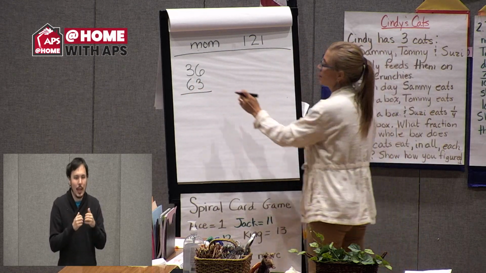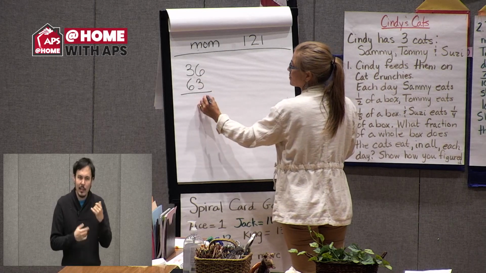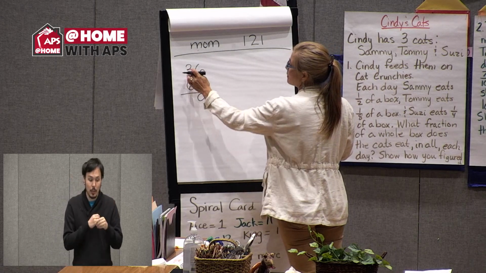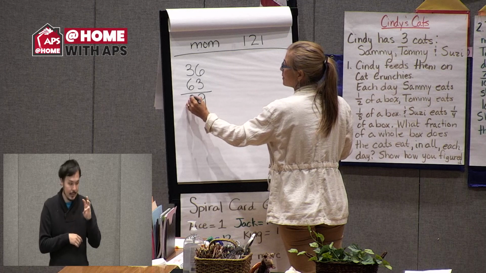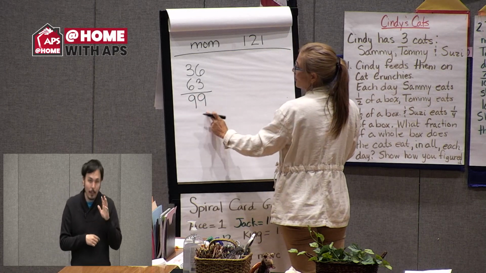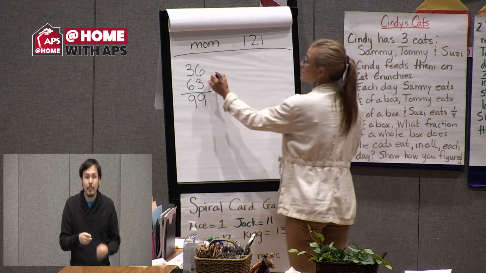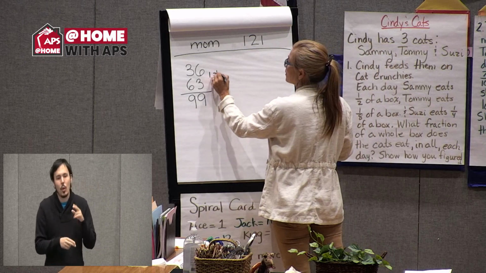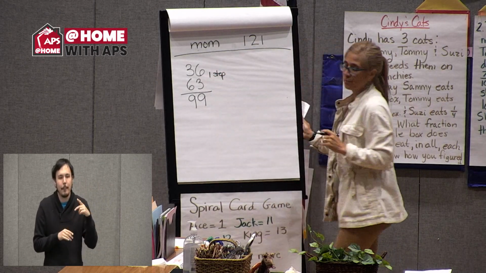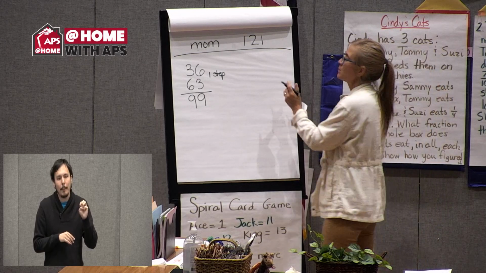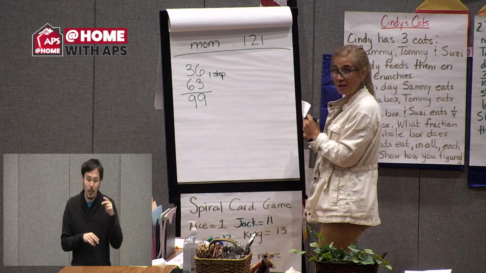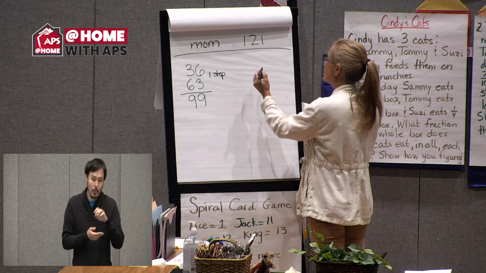Let's see if we get a palindrome now. 6 plus 3 is 9. 6 plus 3 is 9. Is this a number that can be read the same forward and backward? It is. So that is called a one-step palindrome. We used palindromization. Try to say that one fast.